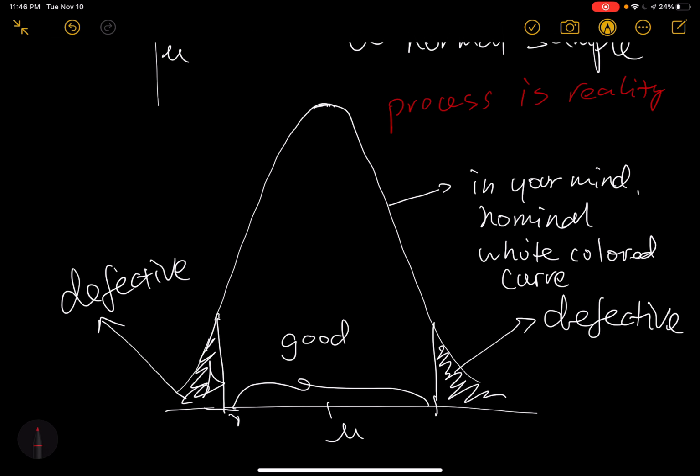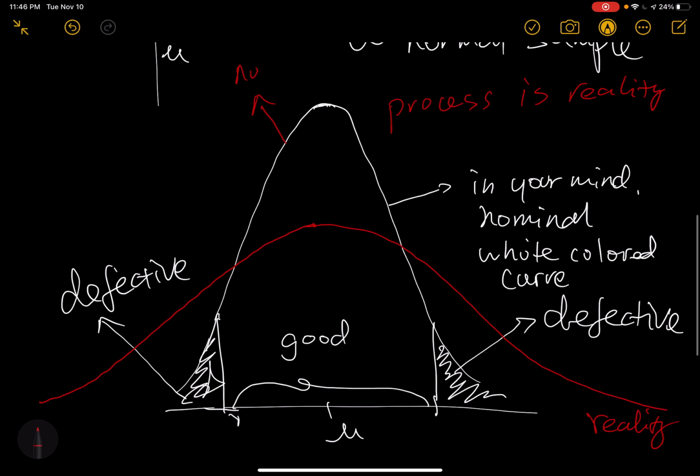So watch. The process is the reality. Now, what happens if we still have a normal distribution, but I get a reality like this? I still center on the line, but you see that? This is reality, and this is nominal. This is what's supposed to be, but this is reality.